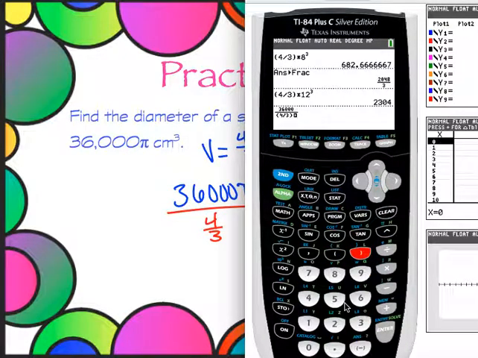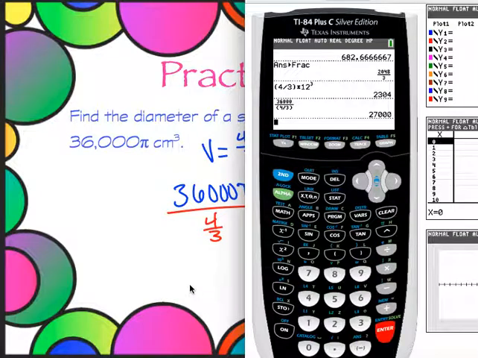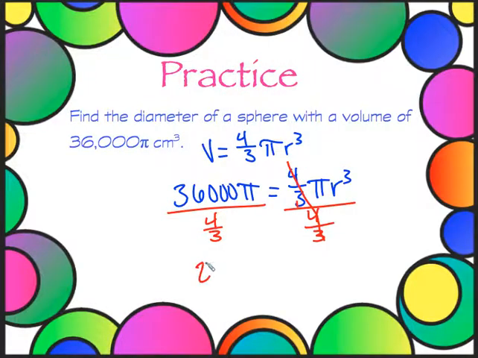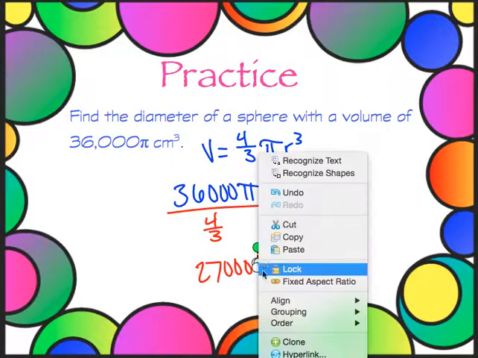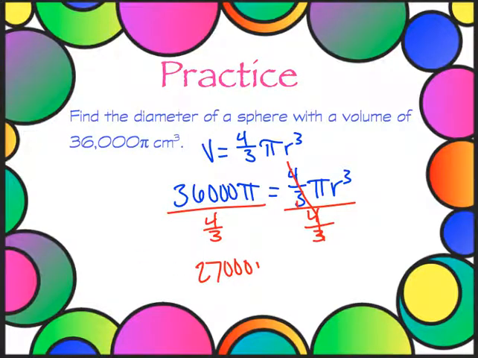I don't really know if the parentheses matter on this since we did the big fraction bar, but I would just do it in case. So we get 27,000. So now we have 27,000 pi equals pi r cubed. Then I would divide by the pi, which is just going to cancel it out nicely.